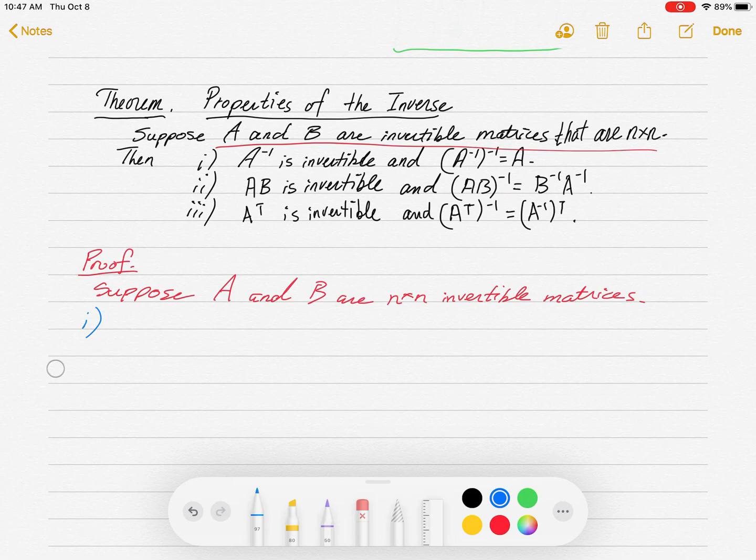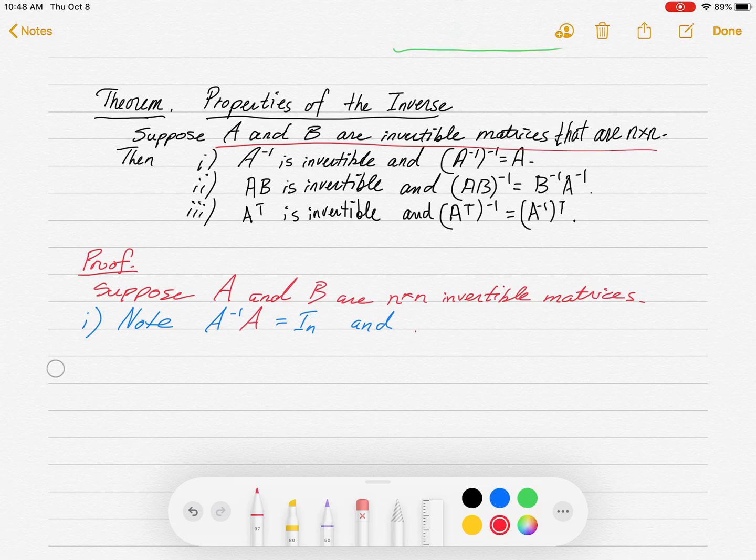So the first thing we want to show is number 1. We want to show that A inverse has a counterpart, right? A inverse multiplies by something to give you the identity. You have to do that on both sides. So I'm going to start with taking A inverse. And what do you have to multiply A inverse by to get the identity?